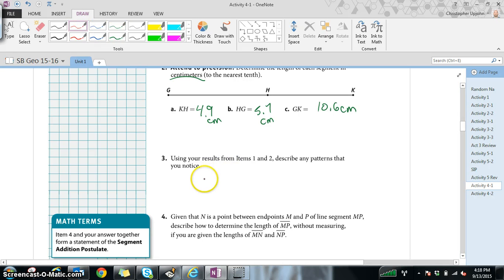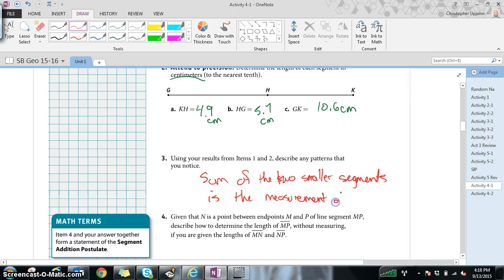But you should be able to realize that the sum of the two smaller segments is the measurement of the bigger segment. 4.9, which was this part, and 5.7 is this part, gives us the whole thing. So when you add up the parts, it gives us the whole segment.